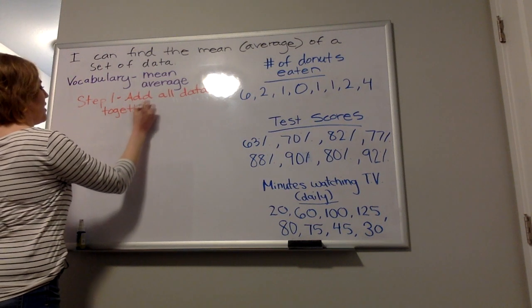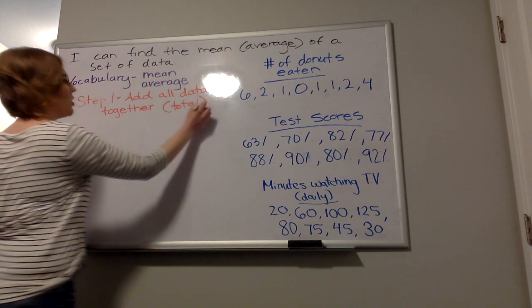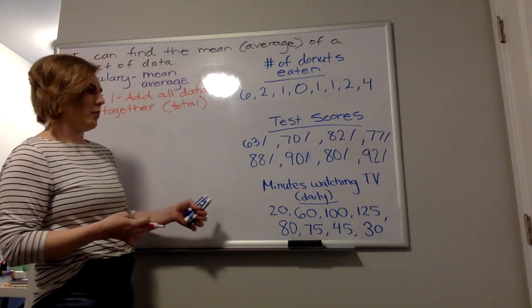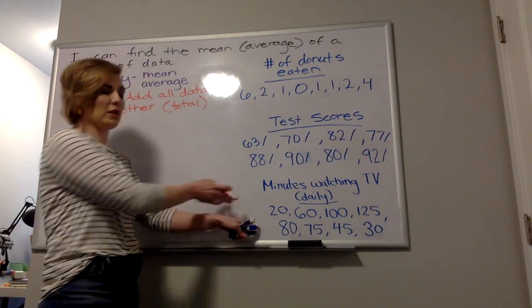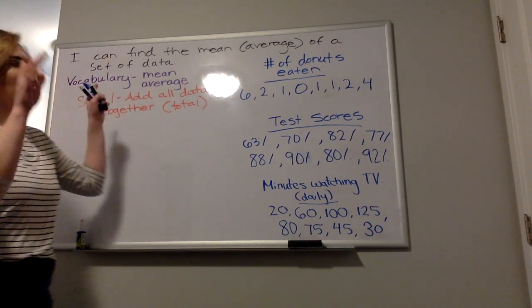I'm going to say total, because you want to know the total amount of donuts eaten, or the total amount of minutes that everyone spent watching TV combined. You're going to add all of them together.